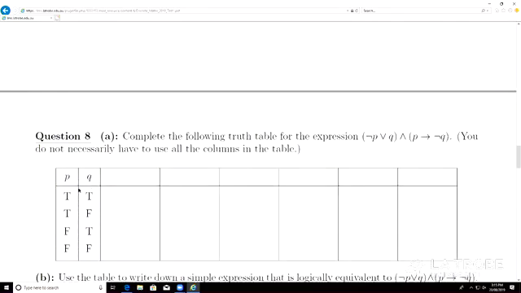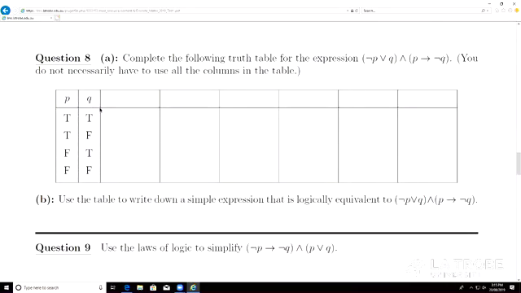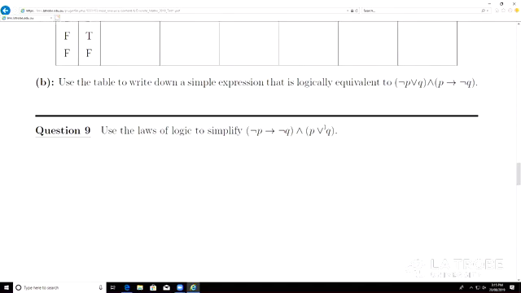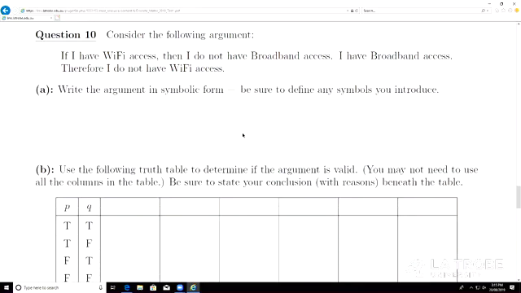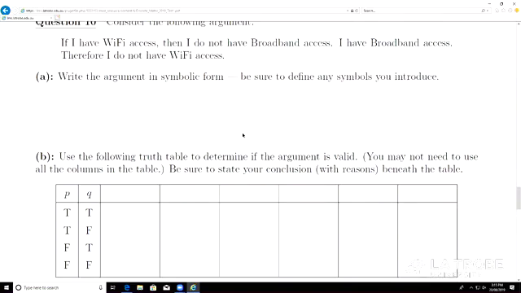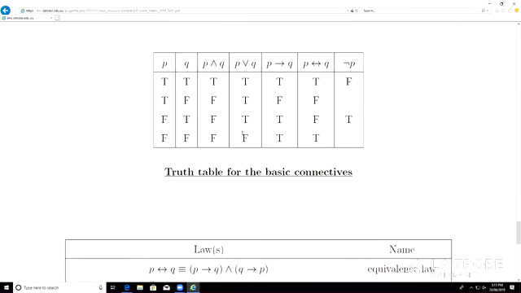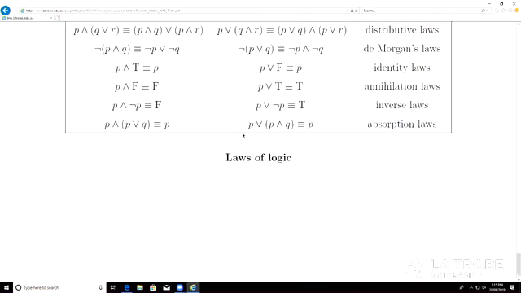Questions 8 and 9: exactly how you complete this truth table. That was part of the contents that we did in the previous lecture, using laws of logic that we did in the previous lecture and that we are going to do in the next lecture. Similarly, question 10 would combine the last 2-3 lectures. And this table would be provided to you.